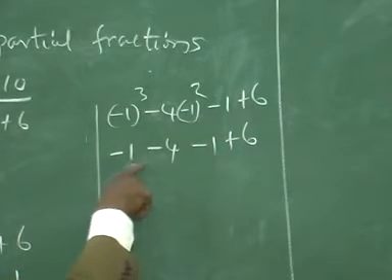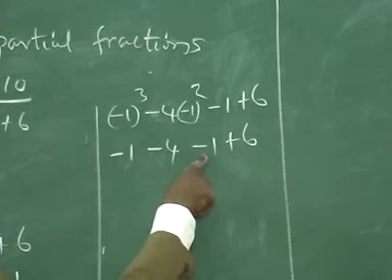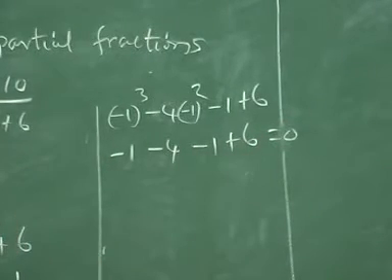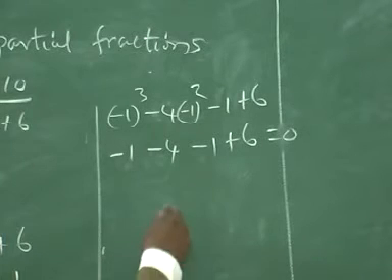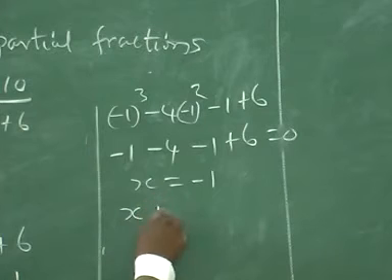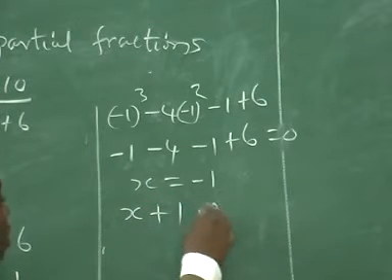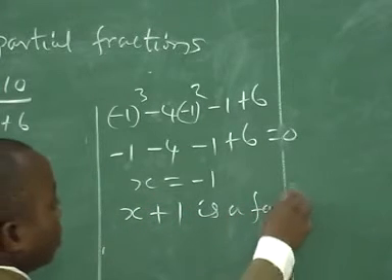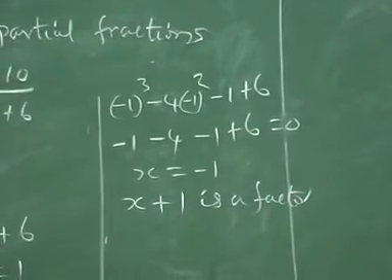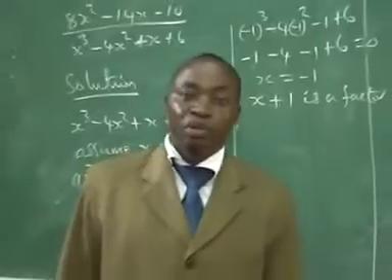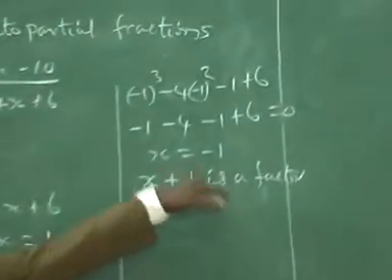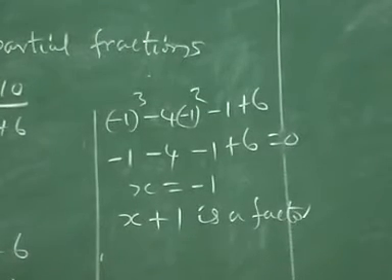So I have minus 1 minus 4 is minus 5, minus 1 is minus 6, plus 6, which is 0. So minus 1 is the zero of the polynomial. And so if x is equal to minus 1 is the zero, then x plus 1 is a factor of this particular polynomial. If you watch our lectures on polynomials, you will really understand what we mean by the zero of the polynomial and the factor of the polynomial.